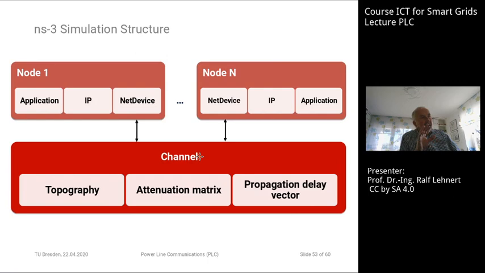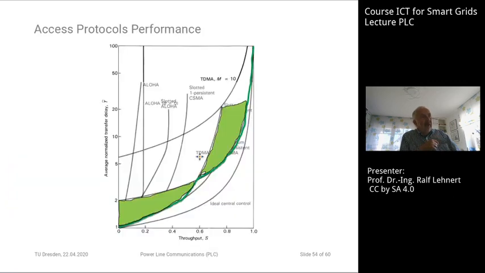It has been simulated with the simulator NS3, and in the end, the result is that we can improve the performance of the system in the following way. If we would use only a TDMA system, then we can improve the delay in this area, in the low load area, by a factor of 2 in the case of 2 nodes, until here.